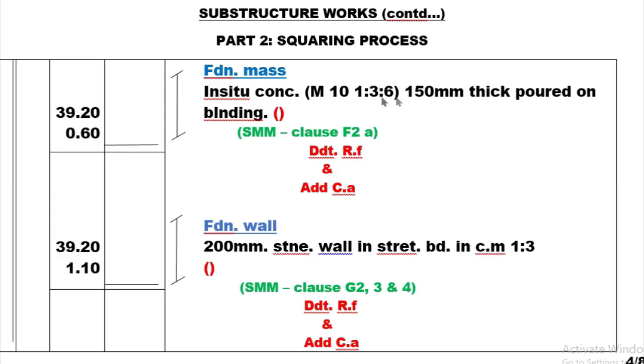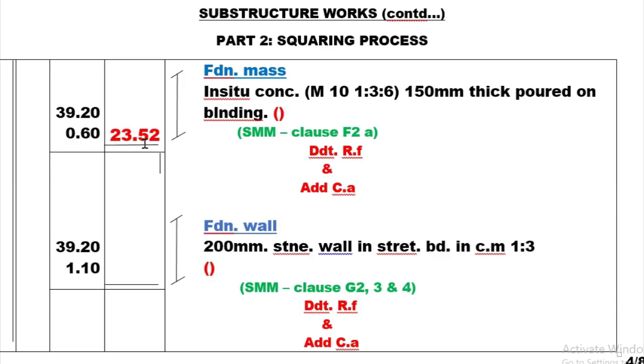Next is foundation mass, and the explanation will be in situ concrete. This is the class, this is the ratio, and it is 150 millimeters thick, poured on blinding. So remember, in our first takeoff, we had a mean girth of 39.20 and the width was 0.60. So we multiply these figures and the value that we have gotten, we write here in the squaring column. By multiplying them, I'm getting 23.52.